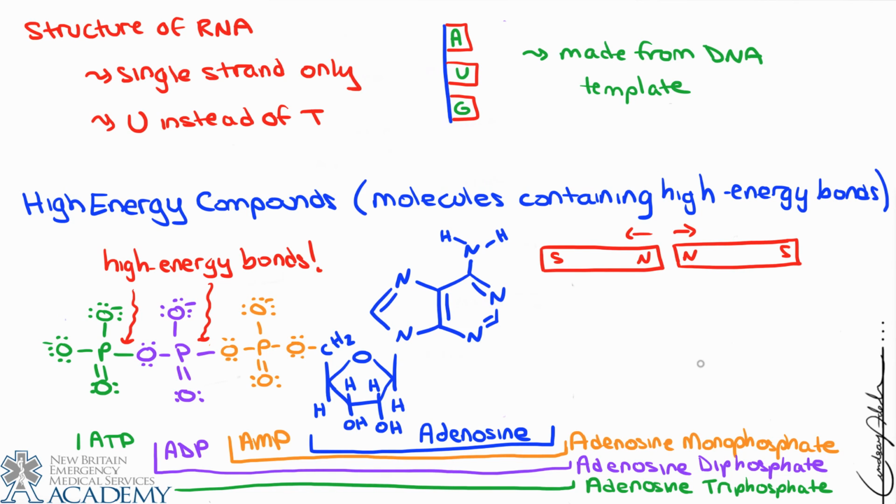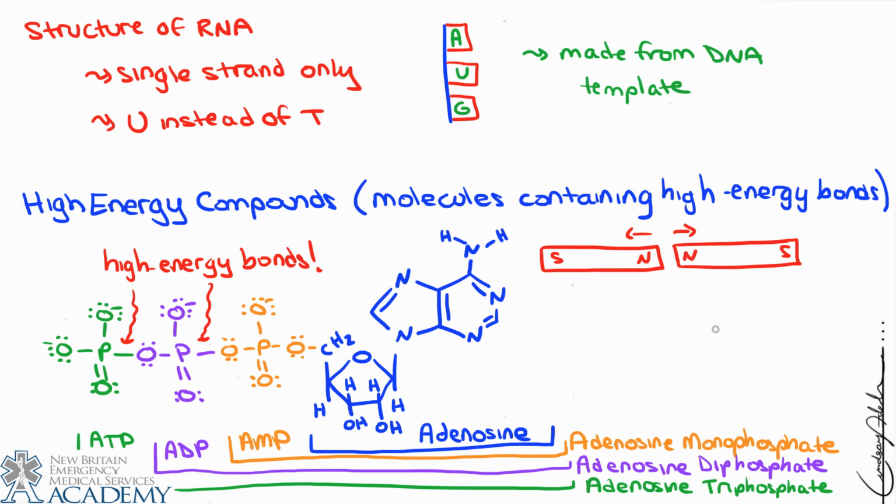So it's actually super important because ATP is the primary energy source in the body. And so when we think about things like saying we need to consume glucose in order to have energy, or we need to breathe oxygen in order to have energy, ultimately those things are utilized to synthesize, or to make, ATP, so that ATP can power all of the other activities the body is going to do.